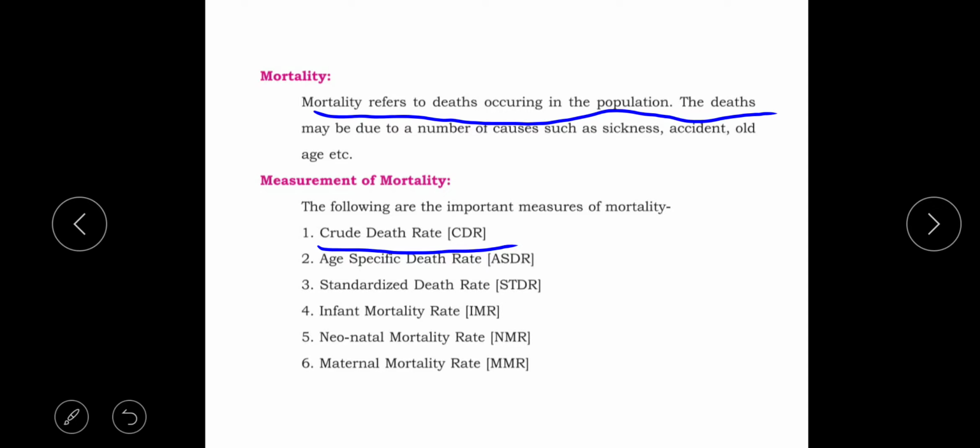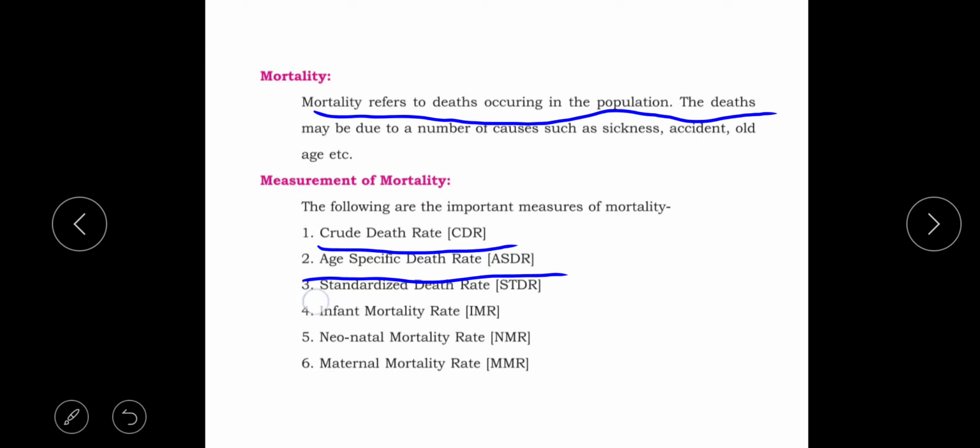Here all the deaths and the total population are taken into consideration for calculation, as CBR considers. So here it is referred to as the crude death rate. Second, the age specific death rate. It is the same as ASFR, the age specific fertility rate. For each age group we calculate here.